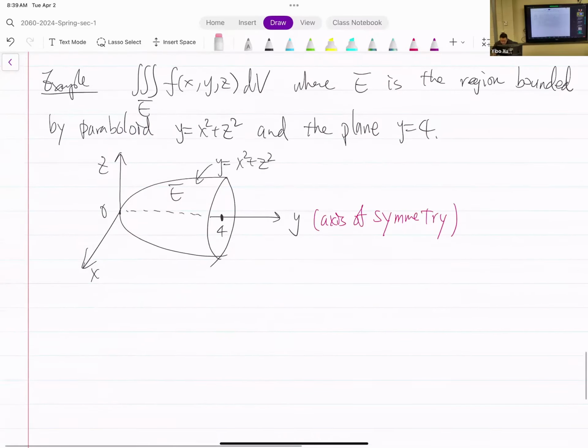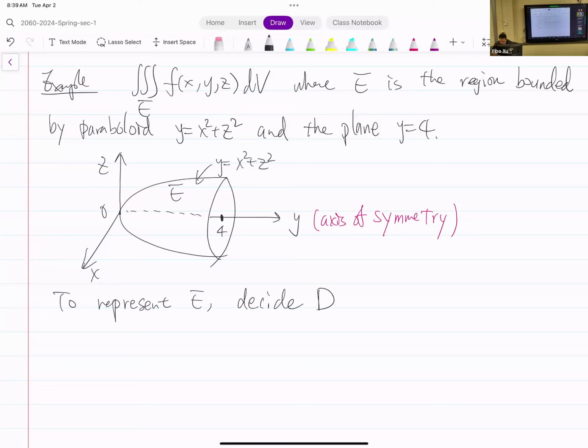Okay? So here we're gonna do the projection onto the XY plane, and then the projection onto the XZ plane, to represent the solid E. So here we decide the region D first.